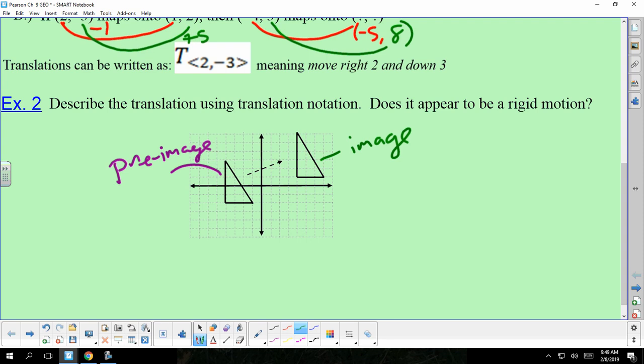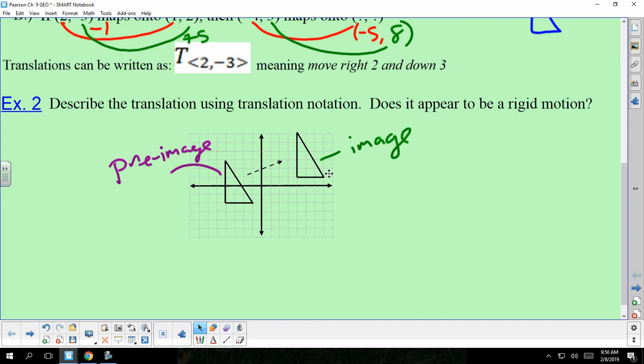So using the magic of the SMART Board, let's check this out. So I'll trace over this in blue. And if I slide this over and it matches perfectly with this other one, it is a rigid motion. Notice all angle measures are the same and all side lengths are the same. So that is, in fact, a rigid motion.